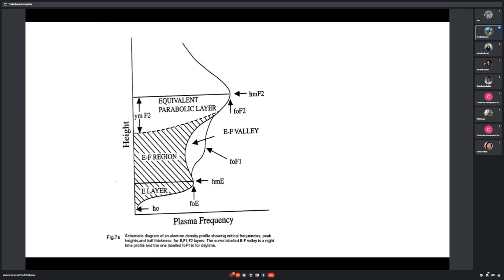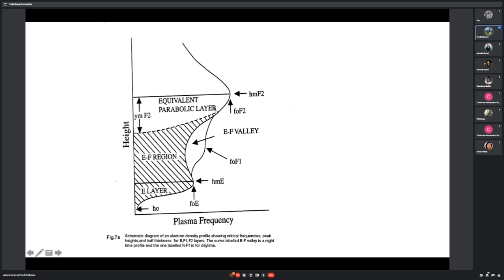So people have seen Z layers around the equator also, but that is not the point for discussion. But I want you to keep in mind that F2 is not the limit. F2 is not the limit. There could be a layer of thick plasma above F2 also.